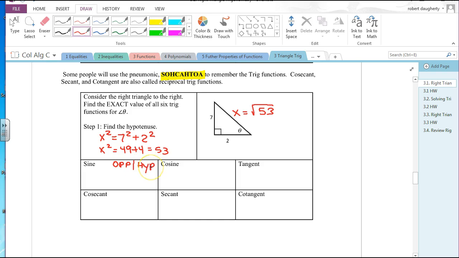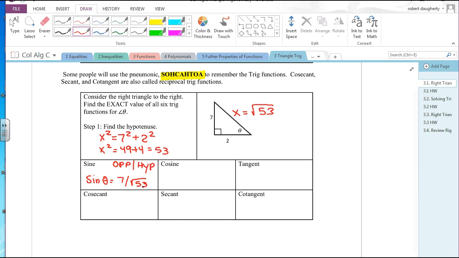So, if I want to figure out the sine of this angle, what's the opposite? What's opposite is 7. 7 over the square root of 53. That's the sine of this angle, okay?